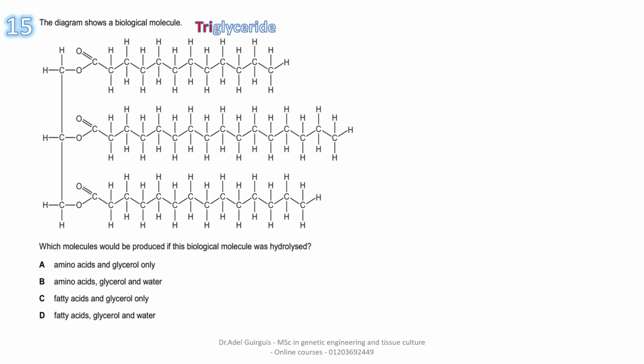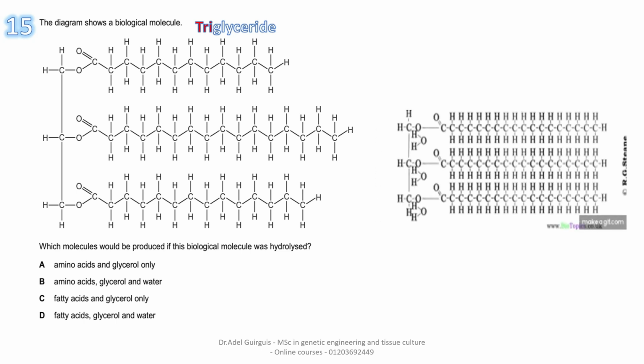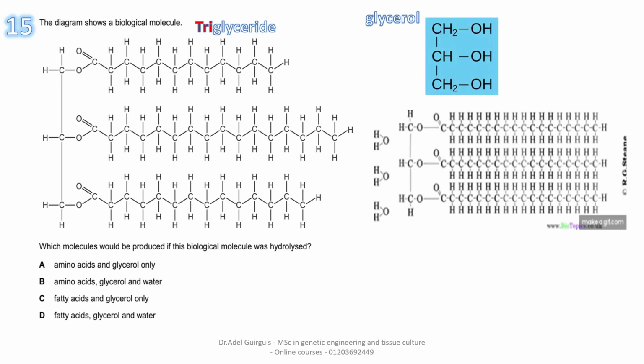It forms fatty acids and glycerol. Look at this figure. Adding water, breaking the ester bonds to form glycerol on the left and 3 fatty acids on the right. Glycerol and 3 fatty acids.